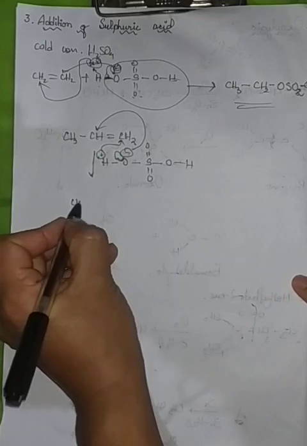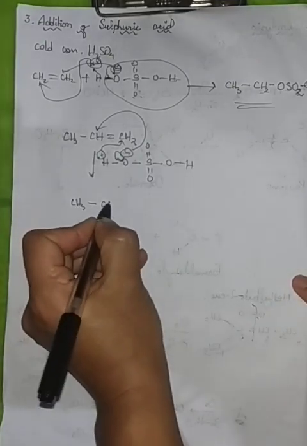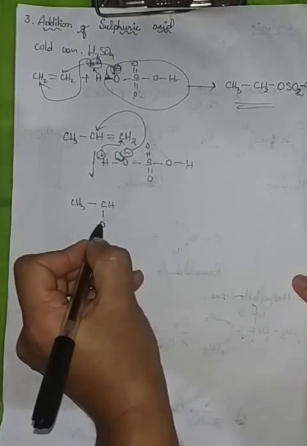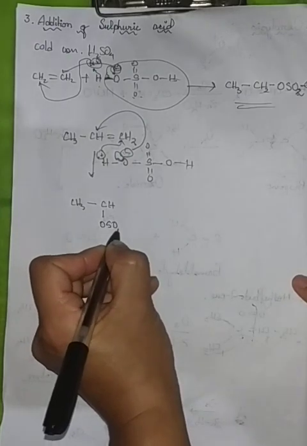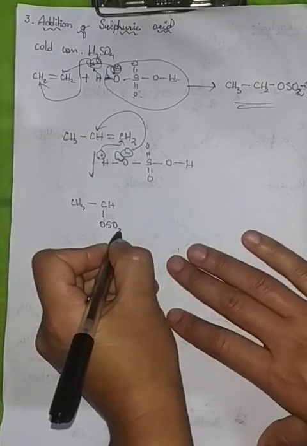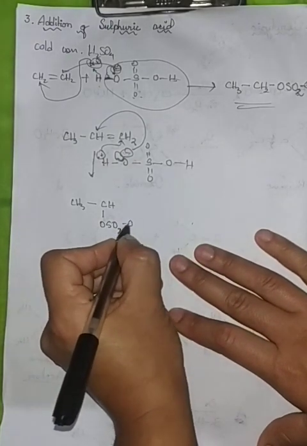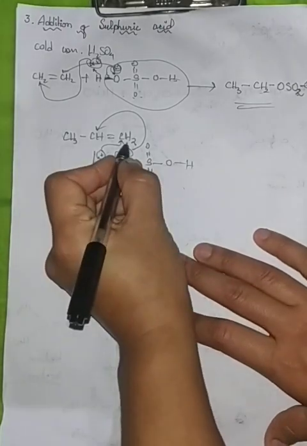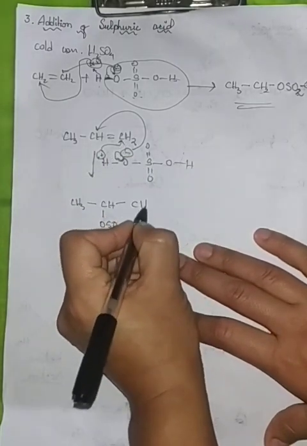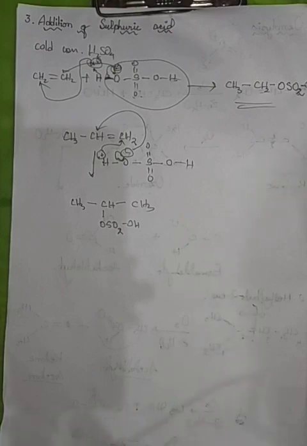Therefore our product here would be CH3, CH, O, SO2, OH, and then this carbon atom would become our CH3. These are some of the chemical reactions of alkenes, including the addition of sulfuric acid to alkenes to form alkyl hydrogen sulfate.